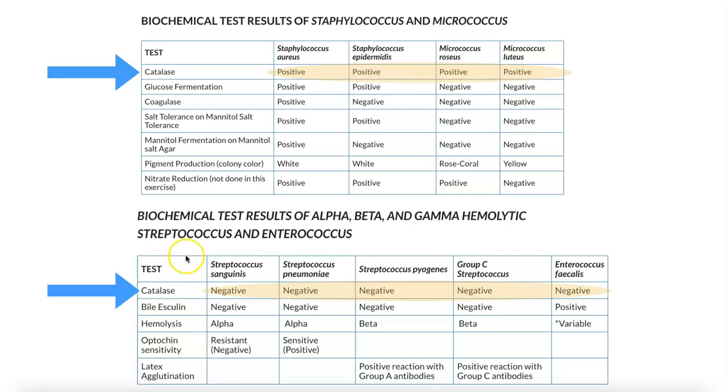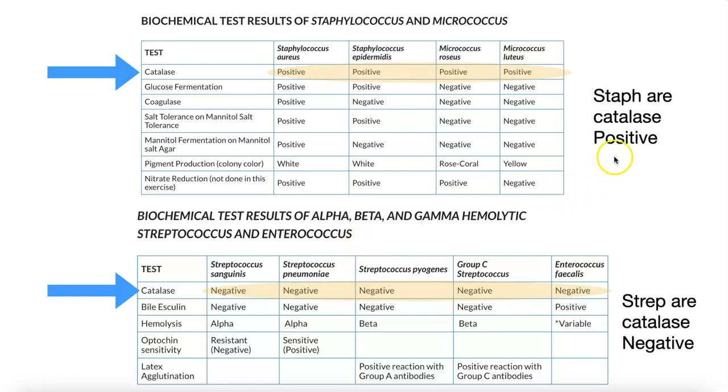And so this is a really helpful thing to think about, and this also helps us generate this tool called a dichotomous key. So that's what I want to talk about on the next slide, is how do we take the information from a biochemical table and convert it to a dichotomous key.